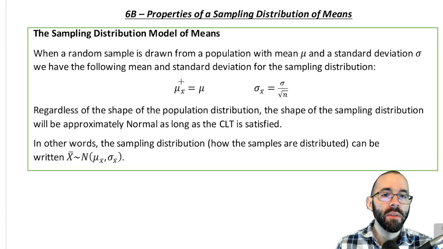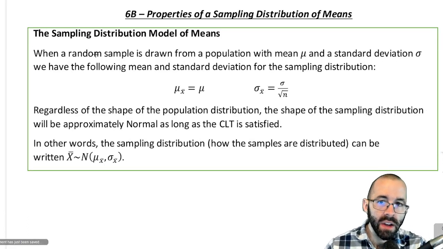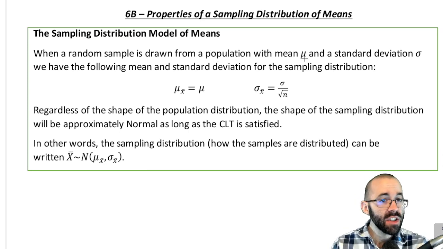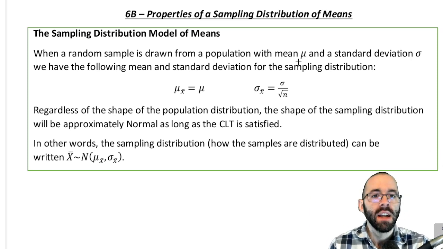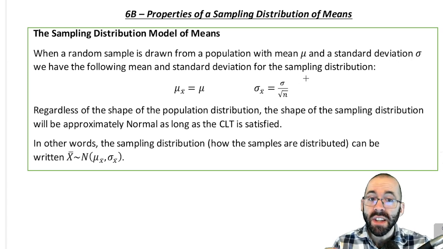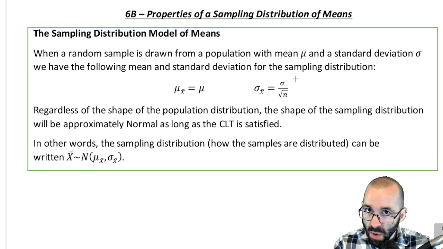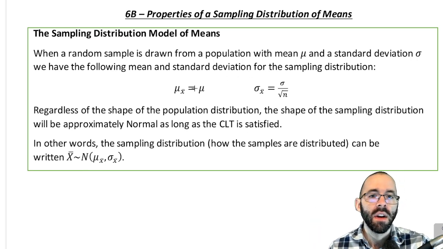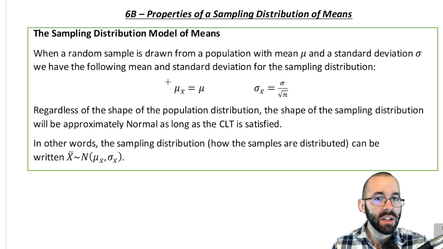When we draw a random sample from a population, if the population, so the single watermelon or the single glucose reading, has a mean and a standard deviation, then the sampling distribution, the 25 watermelons or the 3 glucose measurements, is normally distributed with this mean.